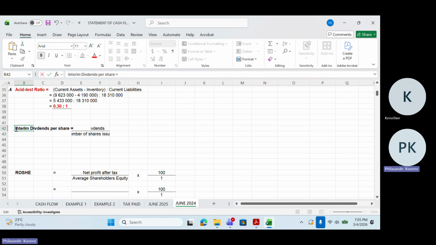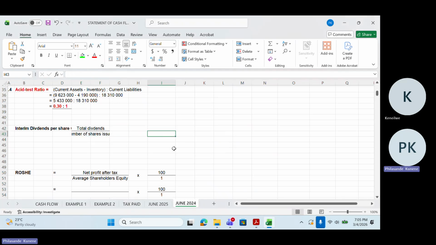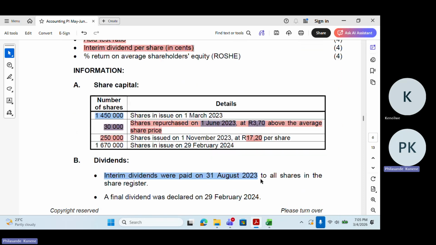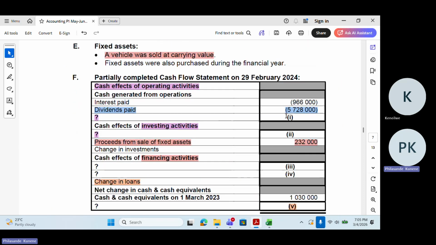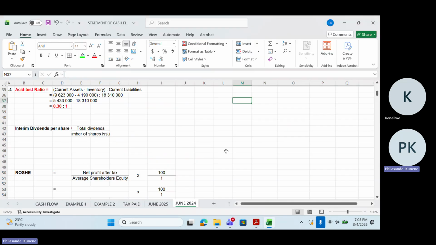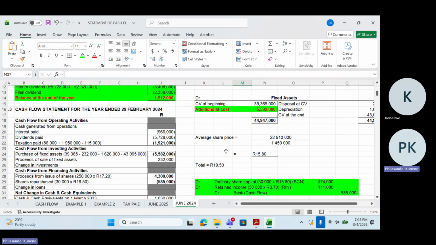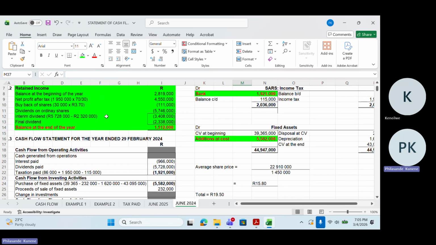Because you remember the dividends per share, we calculated the interim dividends using the difference between the two amounts. There were two amounts that we used, this one on the cash flow minus the shareholders for dividends. And we got the interim dividends. Where is the interim dividends? We got it. It's here.